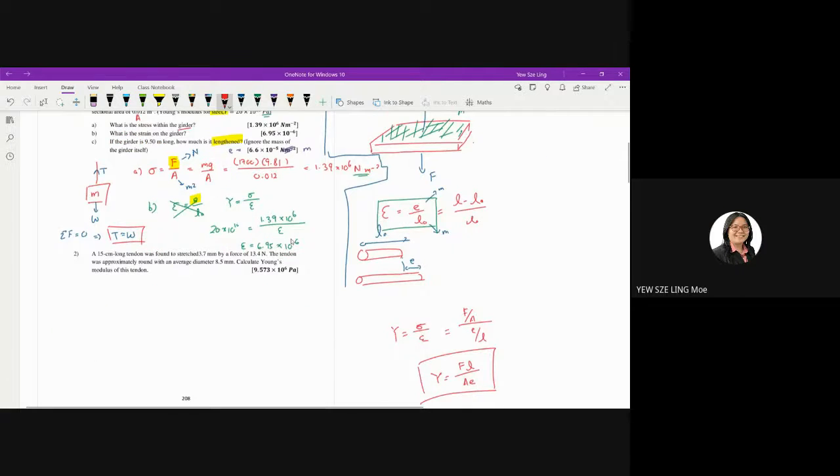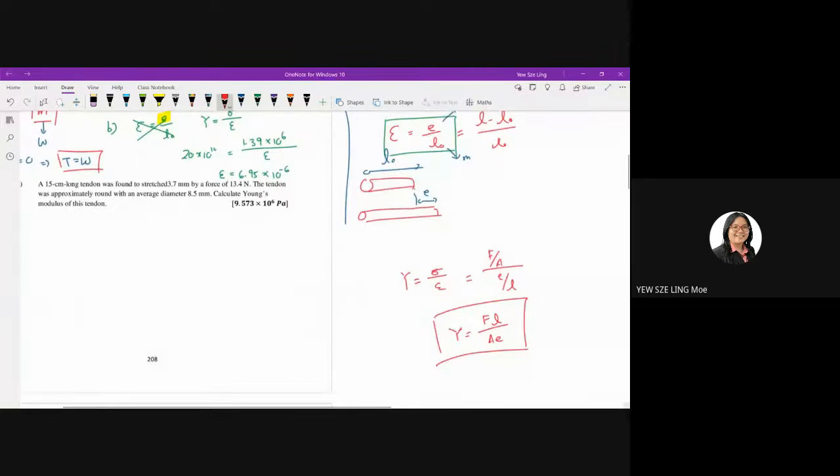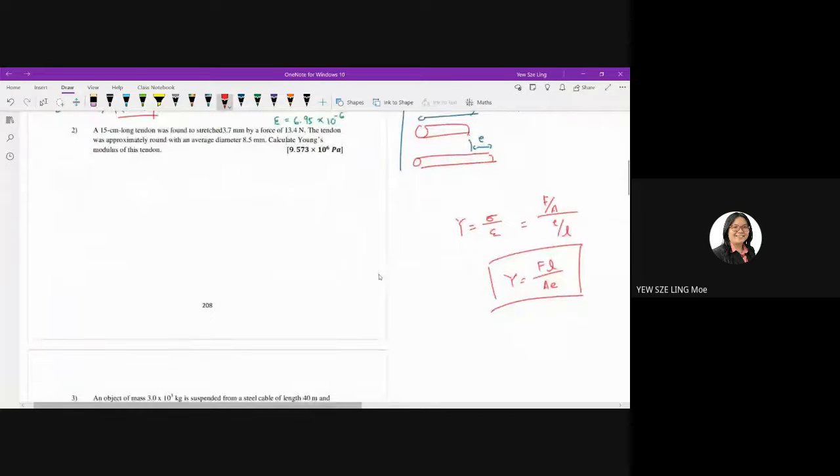All right, let's look at question 2. A 15 cm long tendon was found to stretch 3.7 mm by a force of 13.4 Newton. The tendon was approximately round with an average diameter.